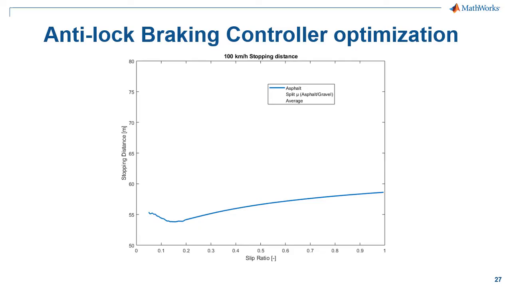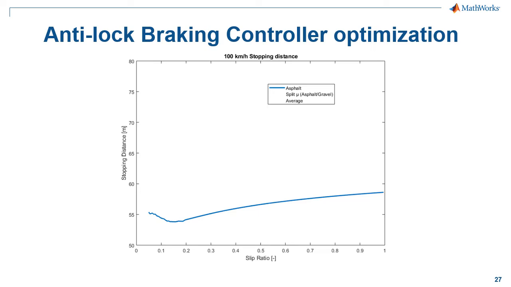Here we can see the results of the stopping distance being plotted on the y-axis and the slip ratio used plotted on the x-axis. We varied the slip ratio from 0.05 up to 0.99.